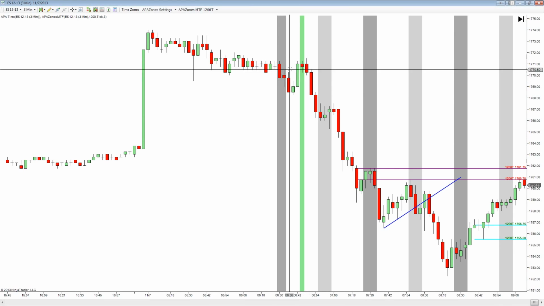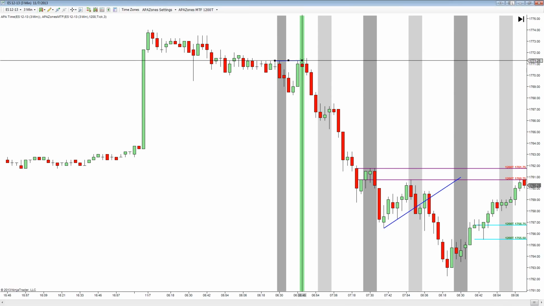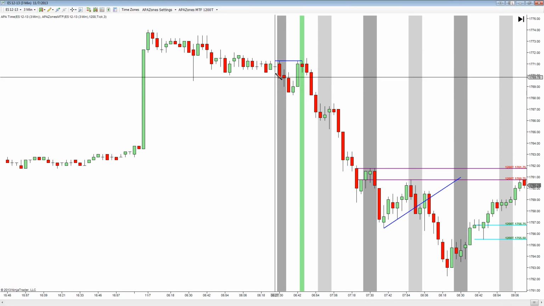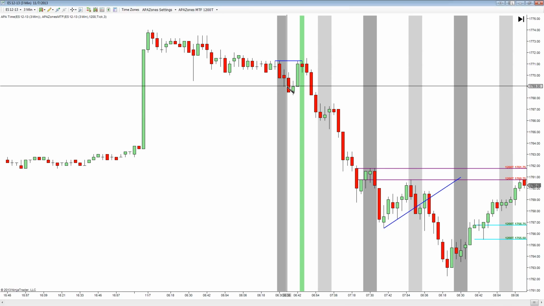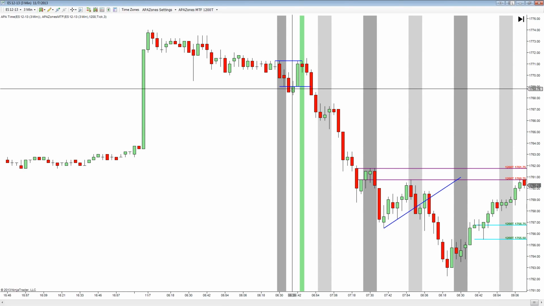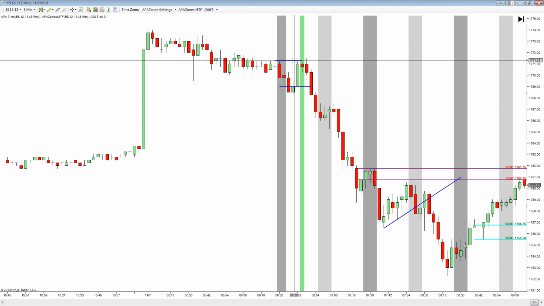So here's the open of the ES market, and I don't know, just another support resistance thing. Here's the top of that first 5 minutes. Here's technically the low. When that low is pushed through, you kind of have a little bit of a bias, if you will.